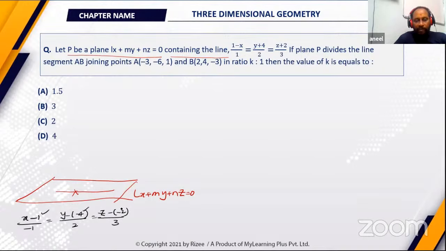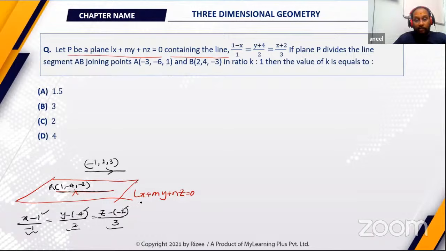Let me name this point as some R. And this minus 1, 2, and 3 are the direction ratios of the line. The line is parallel to the line which has direction ratios minus 1, 2, and 3.